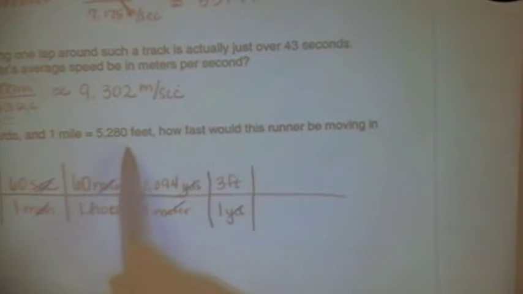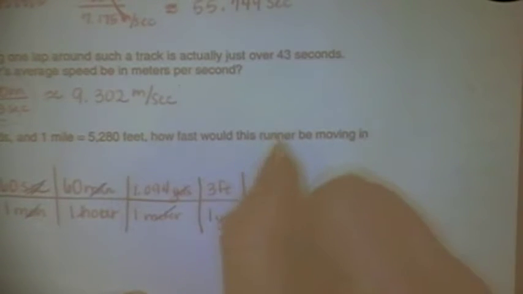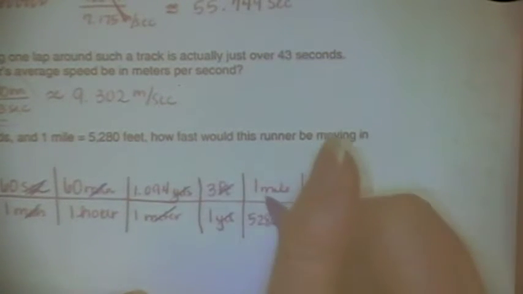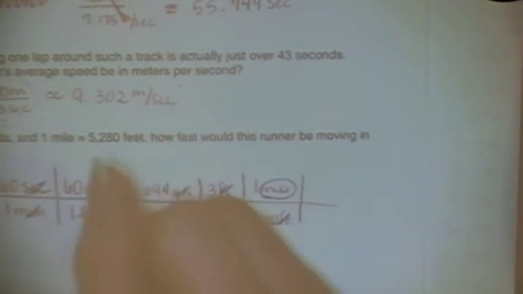There are 5,280 feet in a mile. So I need to cancel feet, so I'm going to put 5,280 feet on the bottom and 1 mile on top. Now feet cancels, and you can check your units. You are now in miles per hour.